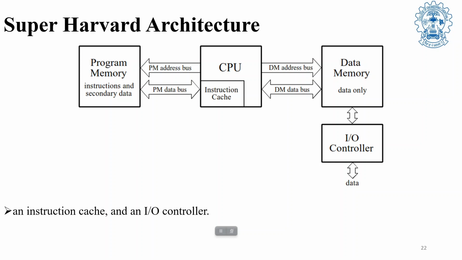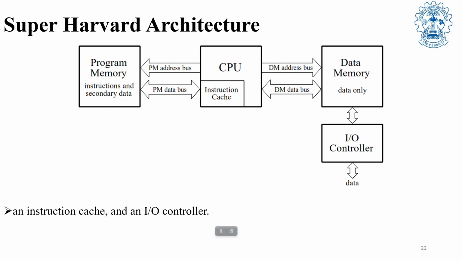For instance, we can place the filter coefficients in the program memory, while the other data, that is the input data, can be passed over the data memory bus through the data memory by the input output controllers.